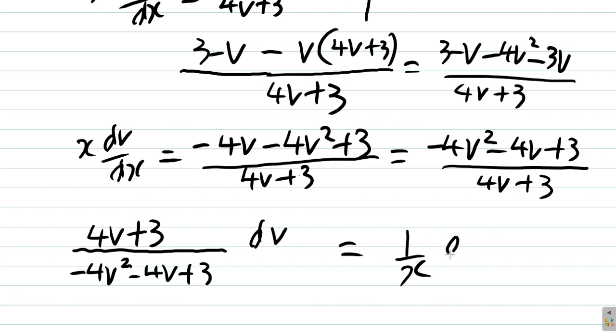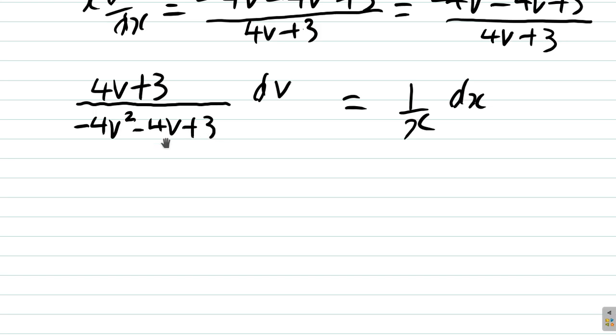So what you have is 4v plus 3 over negative 4v squared minus 4v plus 3 dv equal 1 over x dx. Good, we separate the variables v and x. Now we want to integrate both sides.